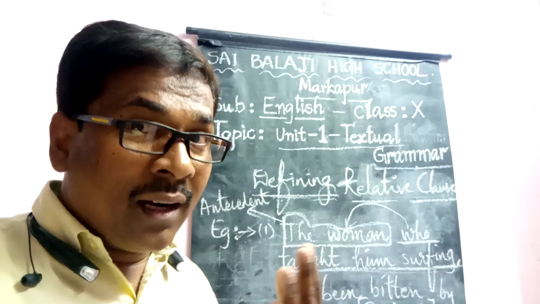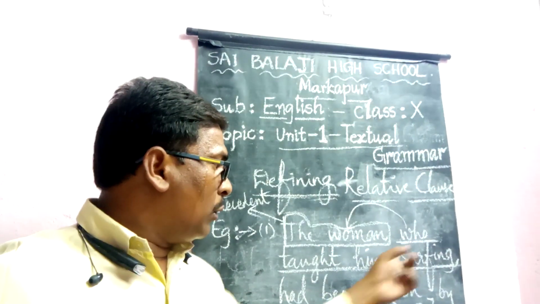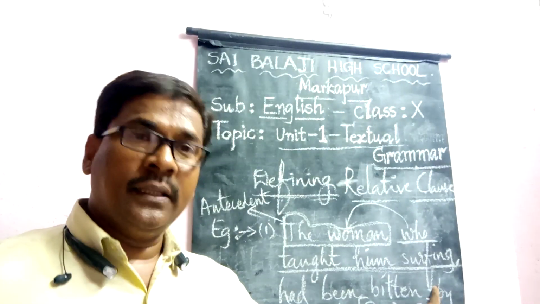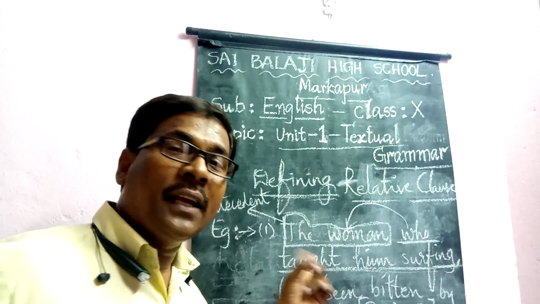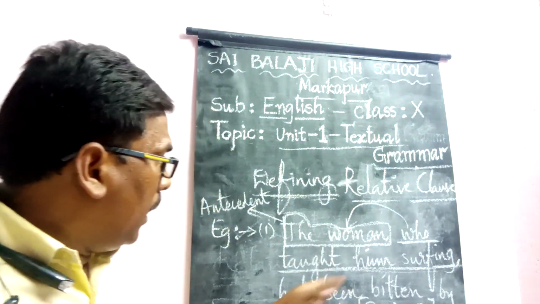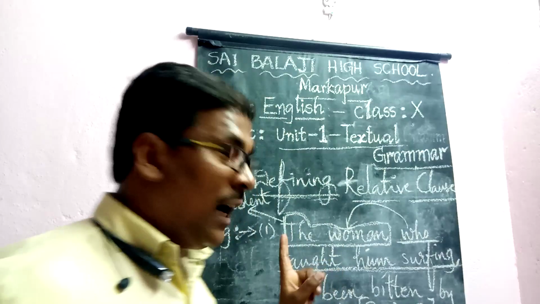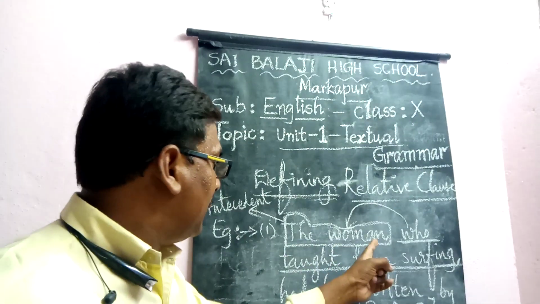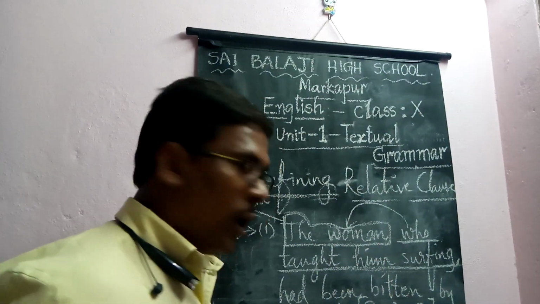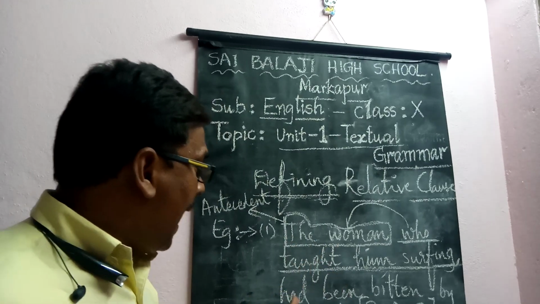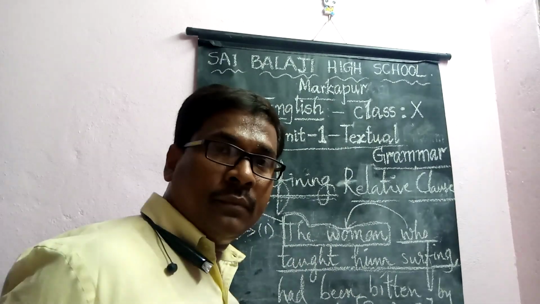If you cannot get clarity without this relative clause part, then we have to understand that it is a defining relative clause. Let's remove this part and read the sentence: the woman had been bitten by a shark.